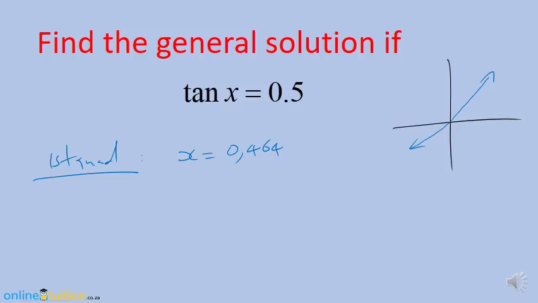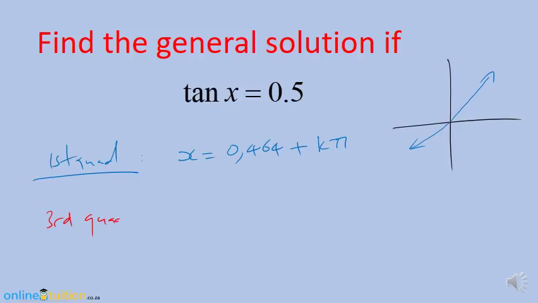0.464 radians, and we've got to add not 2k pi but k pi, and the reason for that is the period for the tan graph is pi radians. In school you'd have referred to that as 180 degrees. So how do we get to the third quadrant?